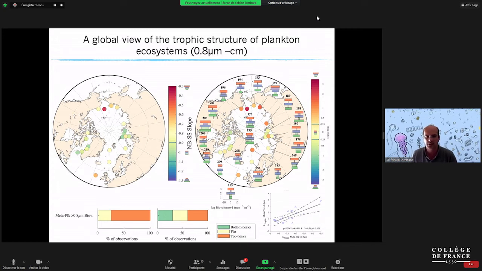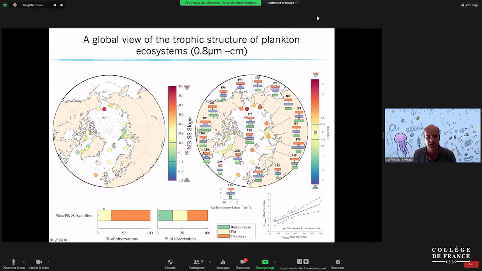Secondly, when you look at the colors, the green color, or yellow in that one, is when the ecosystem is supposed to be flat. Most of the data points are either yellow or heavily orange, but are never or nearly never in the blue range. So the full ecosystem is either flat or heavy top.